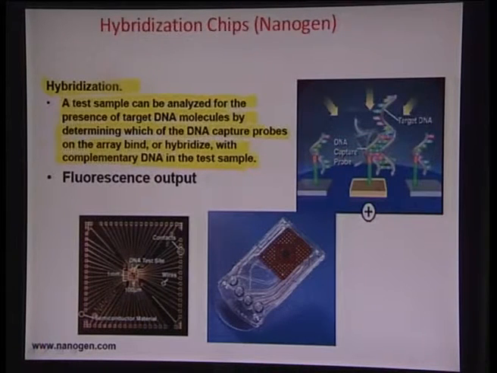If there are some rows or columns which are left untouched and there is no fluorescence or no pixel turning on, that means those capture probes certainly do not have the complementary sequence of the target. But when there is a residual fluorescence after the wash cycle is over, it automatically means that corresponding to whatever was in the library, and if we know that sequence, we can predict what was there in the target as a DNA sequence.